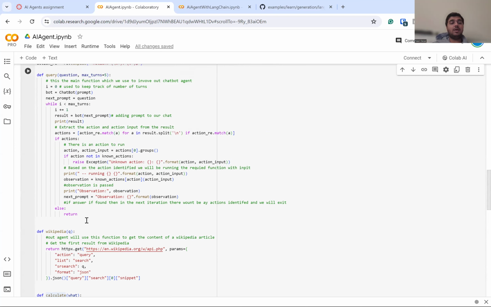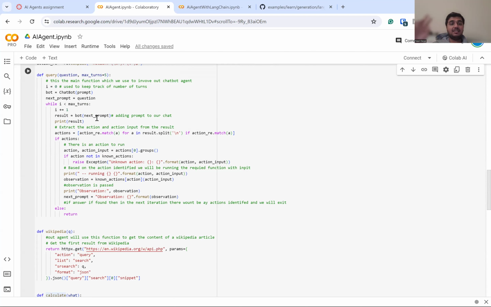Now let's come back to query. We specify the max number of turns to be 5. That means you can go through the loop 5 times. What we'll do is, first, whatever the question is, we pass it to GPT. Once we get the response, we will look for actions in it, what GPT identifies as an action.